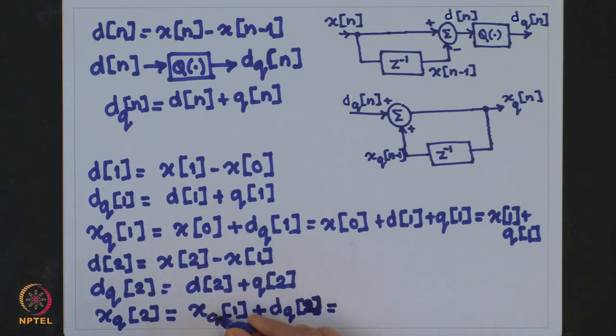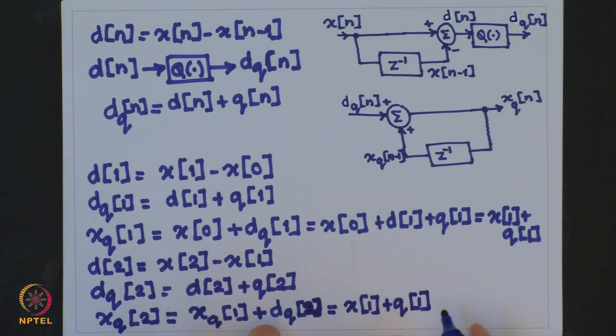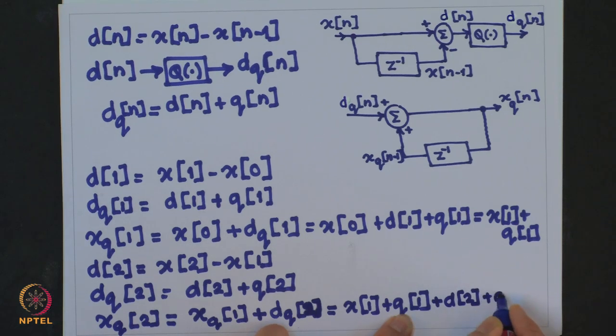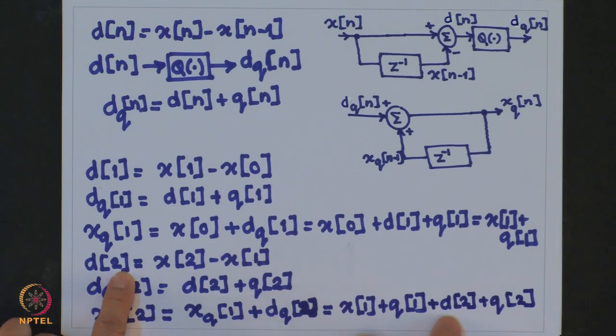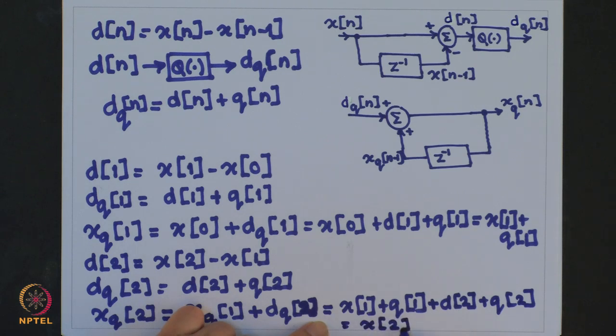So, this is equal to x1 plus q1, and dq2 is d2 plus q2. Now, from this we get this is equal to x2 plus q1 plus q2.